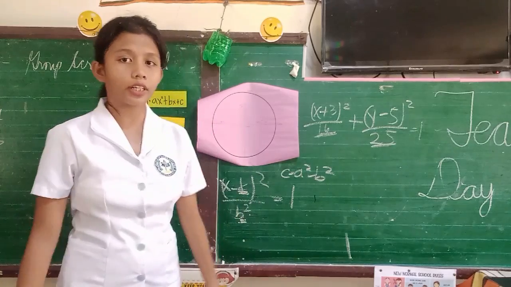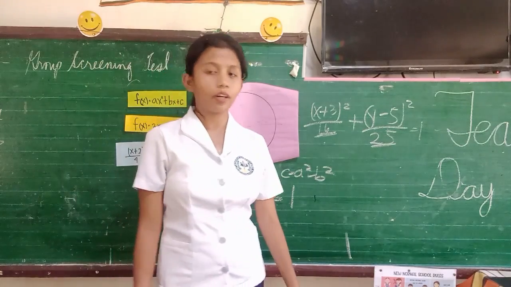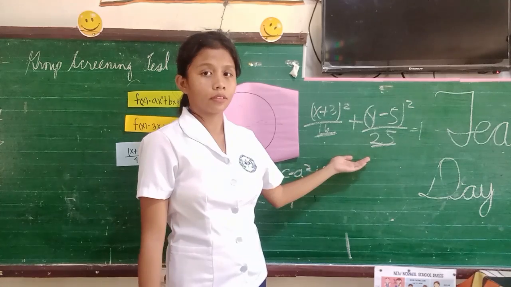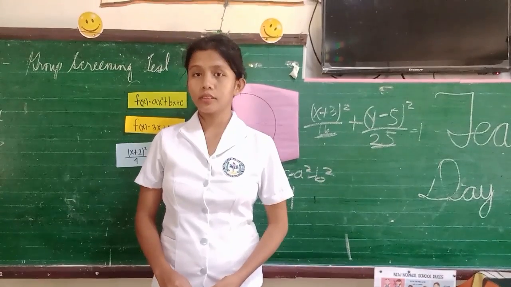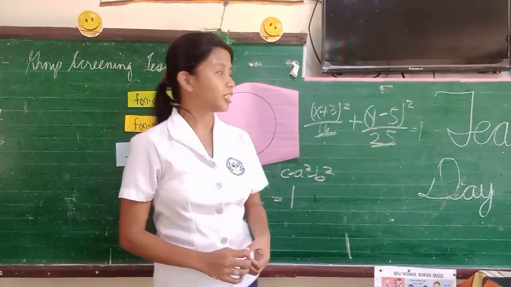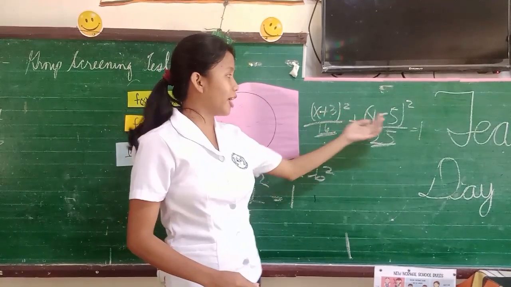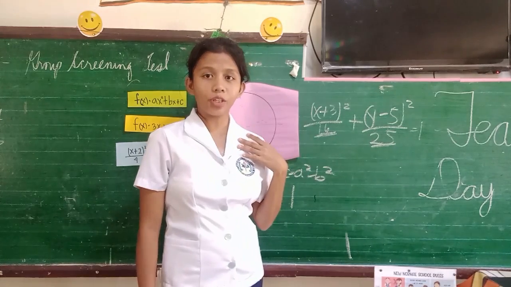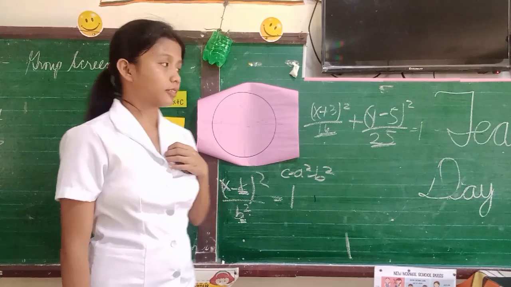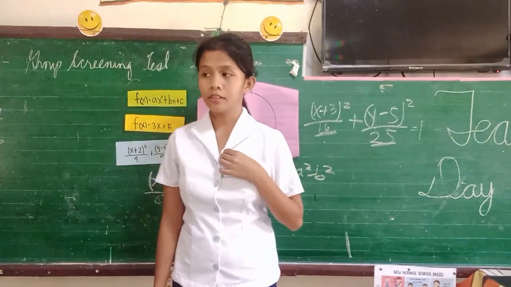How about the center? What is the center of the ellipse? Yes? Okay, very good. Negative 3 and 5. What are the coordinates of the vertices? Anyone?